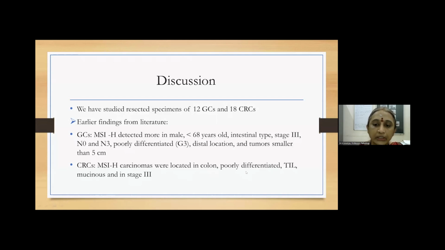However, poorly differentiated carcinoma was not encountered in our study. We have also identified an increased number of tumor infiltrating lymphocytes associated with MSI-H carcinomas. Mucinous carcinomas were 9 in number and all were associated with MSI high status. Stage 3 carcinomas were not many in our study group.